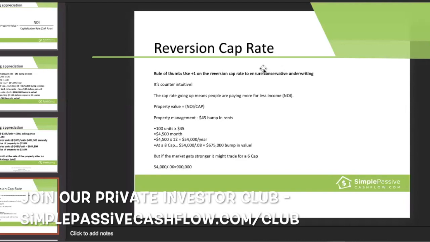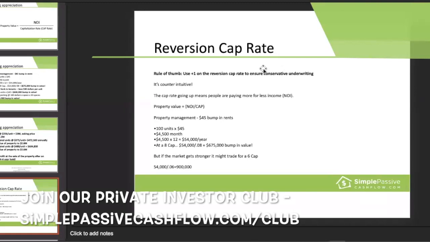The exit cap rate, reversion cap rate, is just a guess on what the cap rate will be in the future. Since you want to be conservative, you want to assume that you're going to sell in a softer market. So say you buy a property that's a 5% cap market right now.